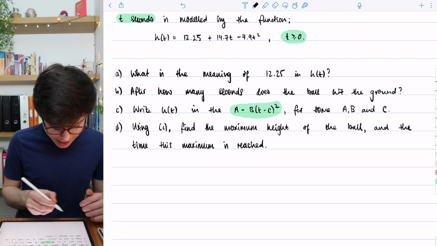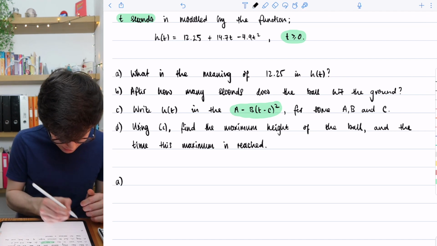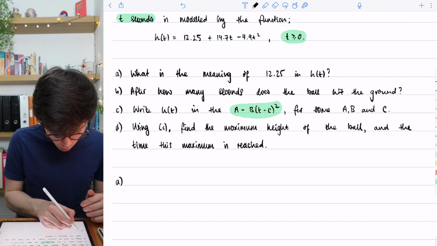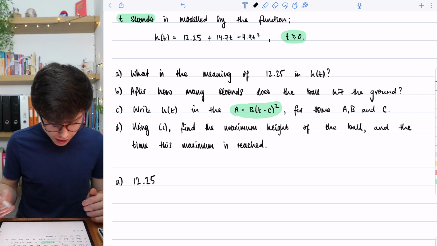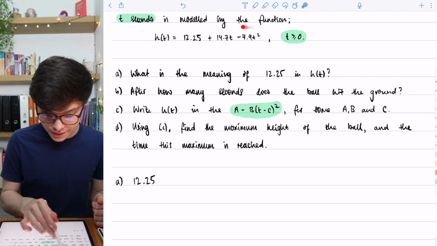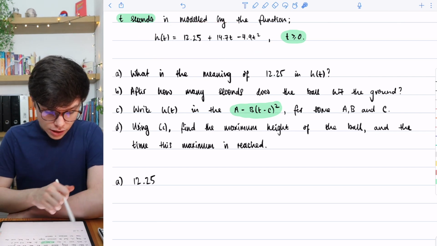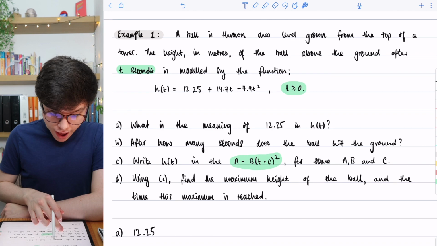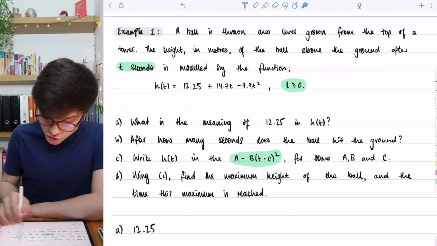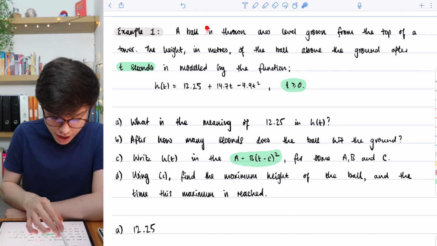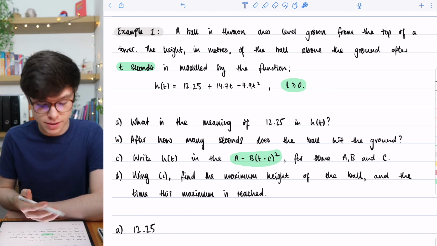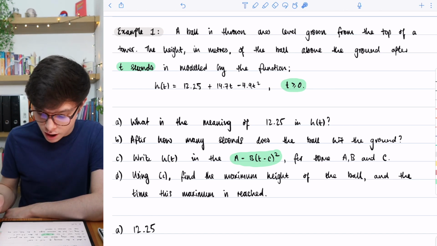So, part A. Let's do our answers down here. What is the meaning of 12.25 in this quadratic here? Well, let's think about where we are. We're on the top of a tower because that's where we're throwing the ball. We might just be modelling the ball at the top, okay?